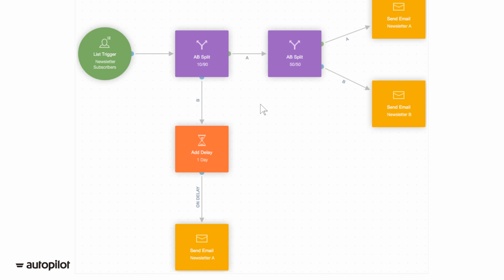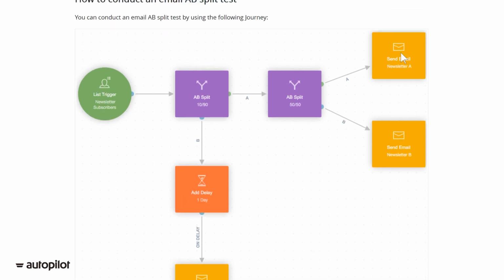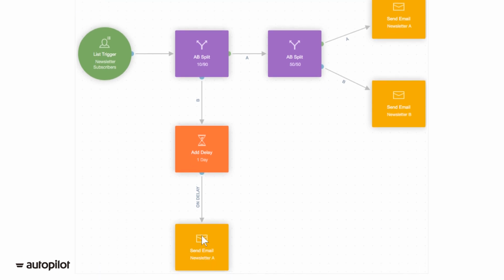So they're basically saying, send the email, put a reminder on your phone that before this 1 day delay or 2 day delay or whatever it is is up, I've got to go and check these two emails, copy whichever one was the better one, and then put it into this path, which has a 10/90 split. So most of the people will then be going down here.